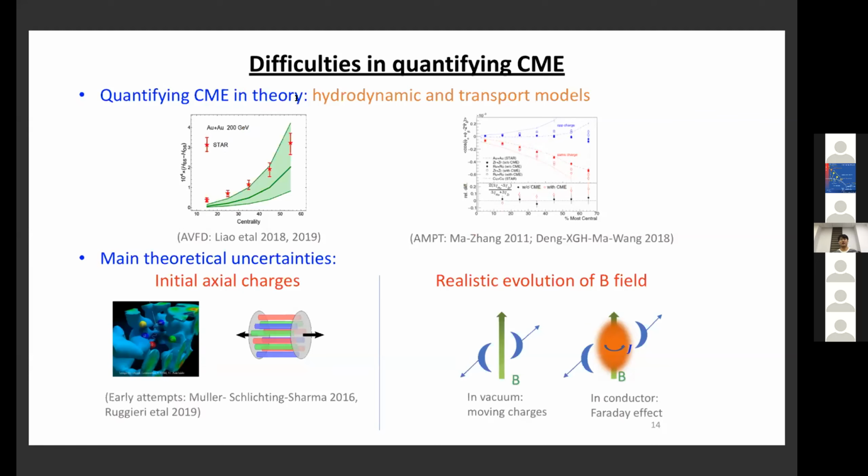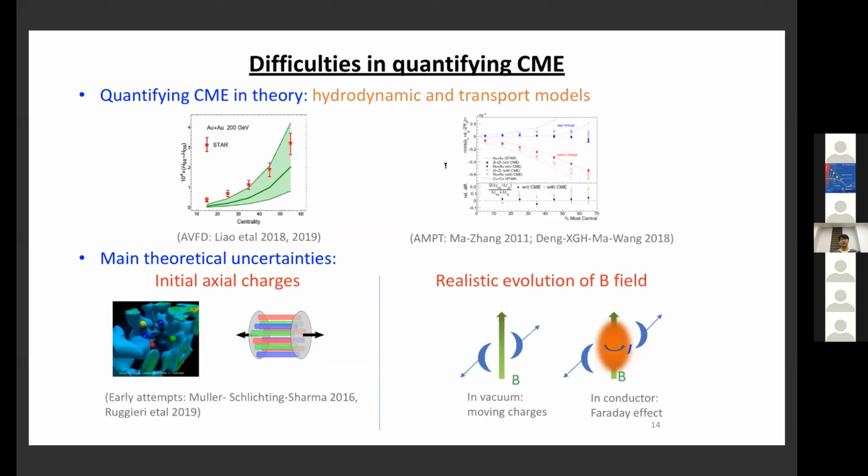First is hydrodynamics, and another is the transport models. For hydrodynamics, there is the AVFD model, which can be used to couple the evolution of the axial charge and the bulk medium evolution, and finally transfer the axial charge into the observed signal.